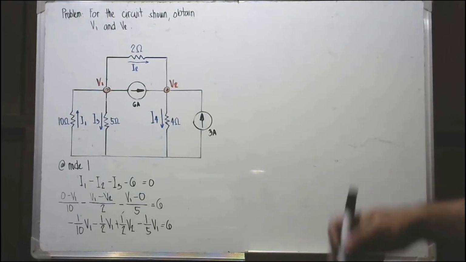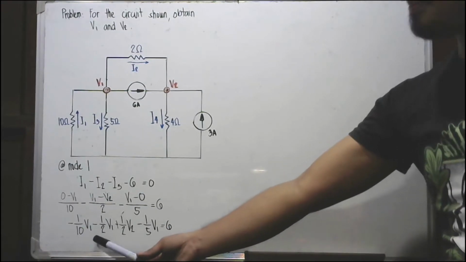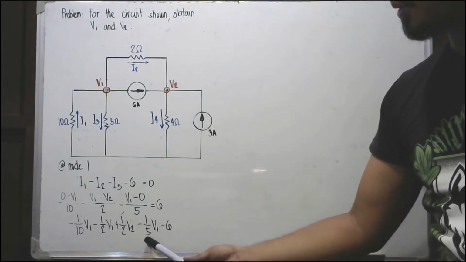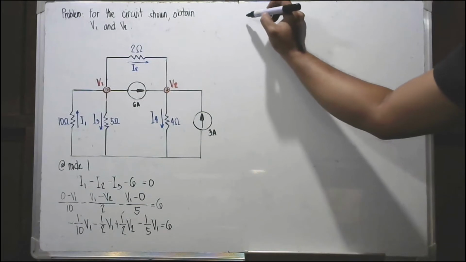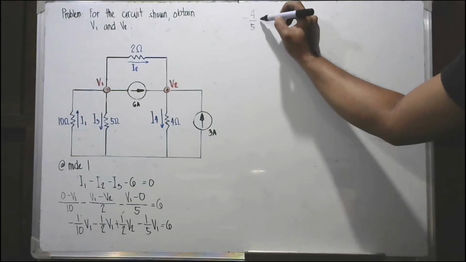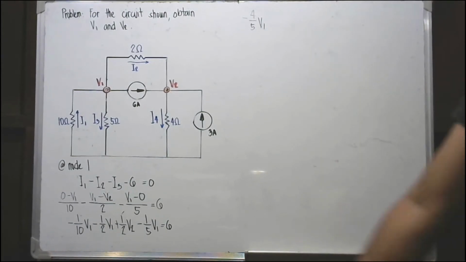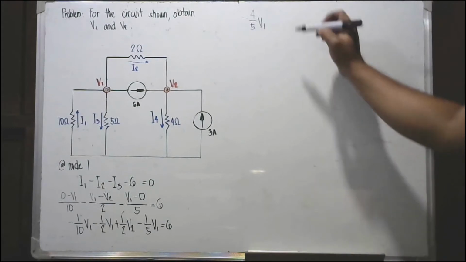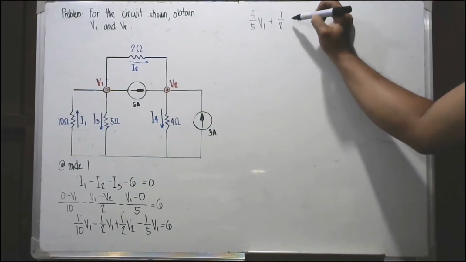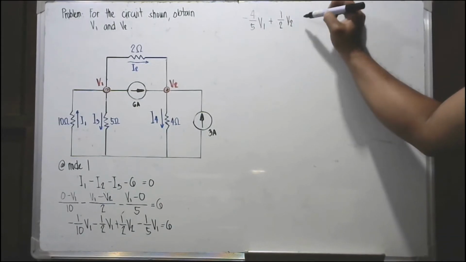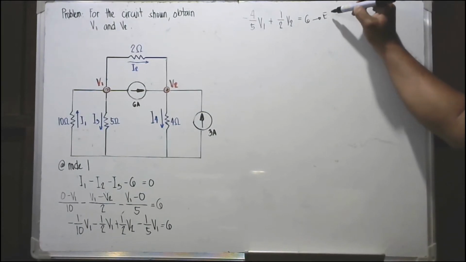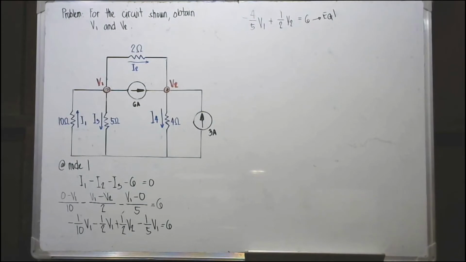So combining like terms, we have negative 1 over 10, minus 1/2, minus 1/5, so you have negative 4/5 V1, then plus 1/2 V2, is equal to 6. This will be your equation 1.